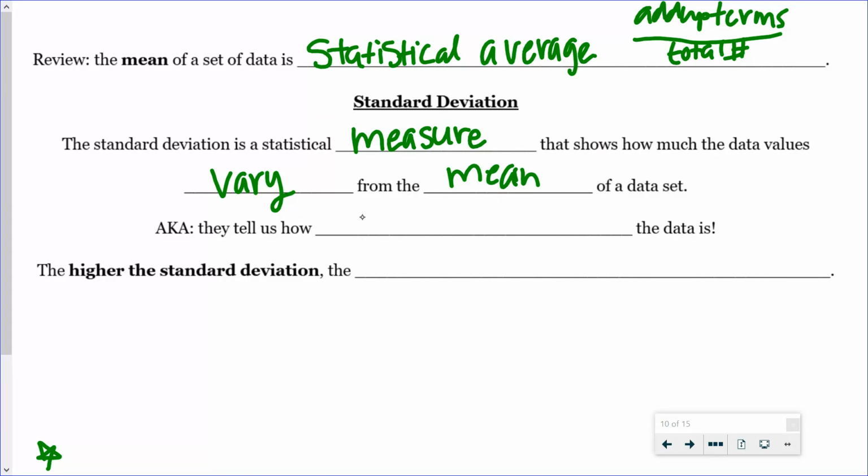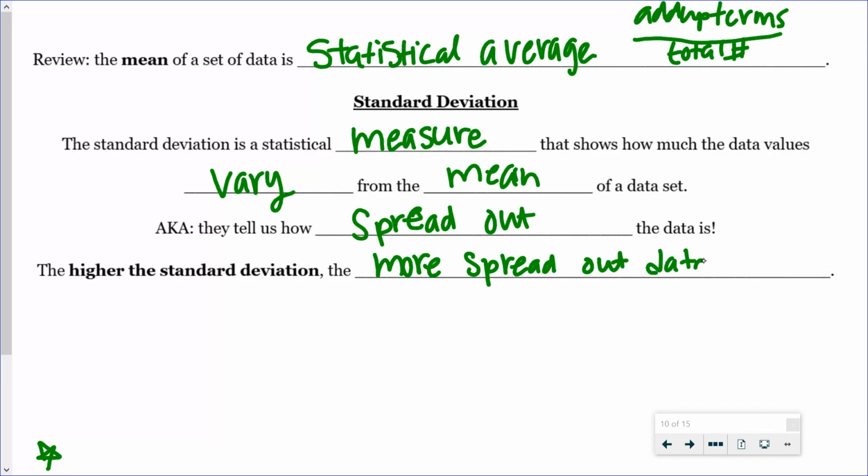AKA, they tell us how spread out the data is. Okay, it says, is our data really, really tight and really combined and really close, or is it really spread out? The higher the standard deviation value, so the higher the number that we get when we find the standard deviation, the more spread out the data is.